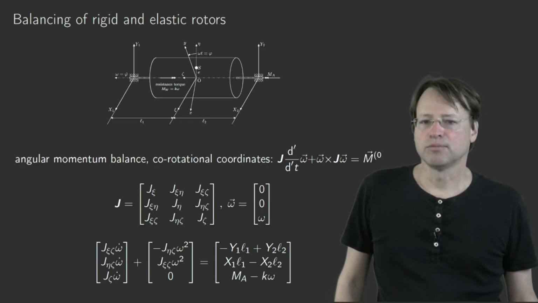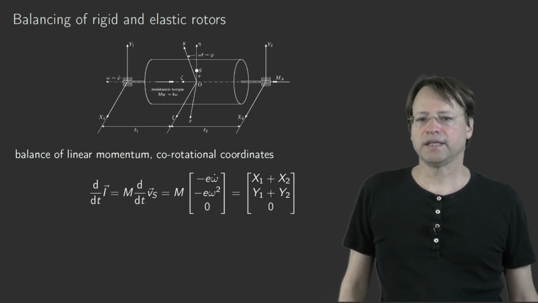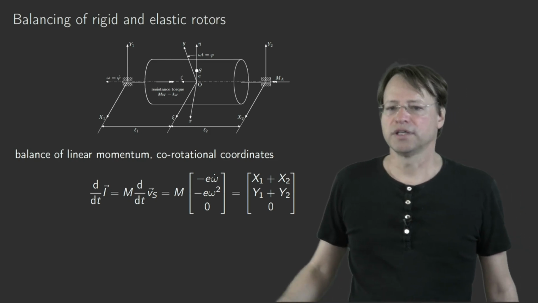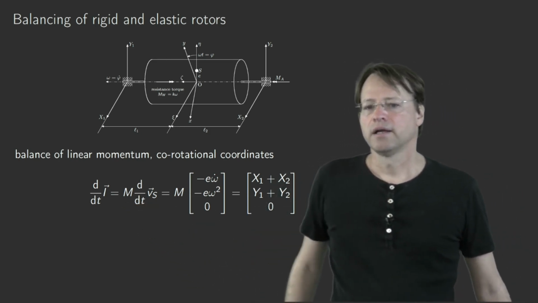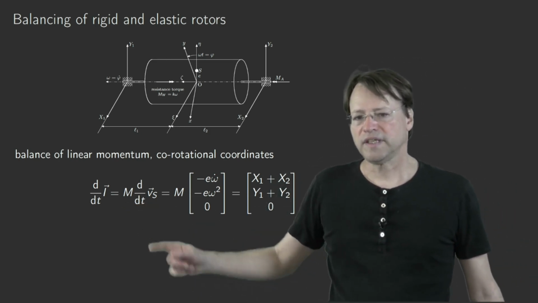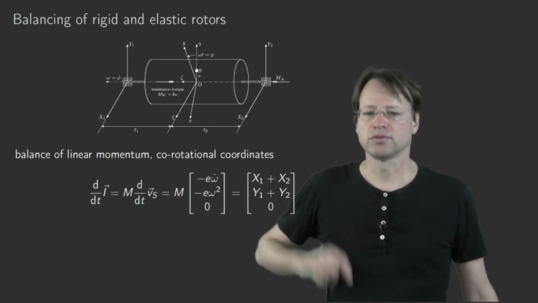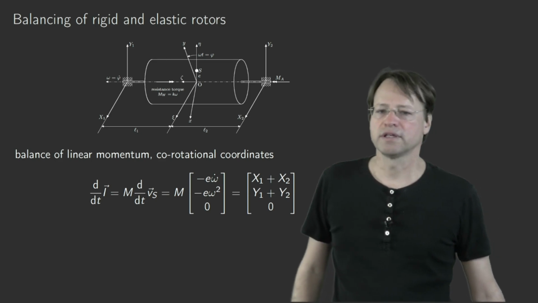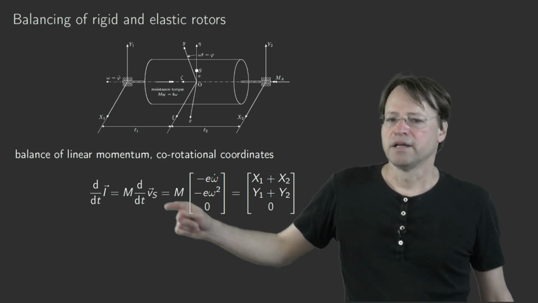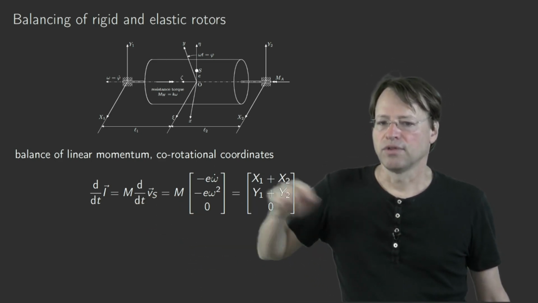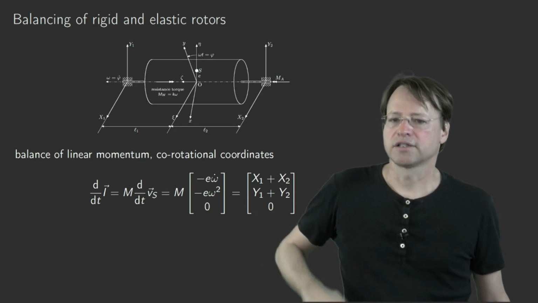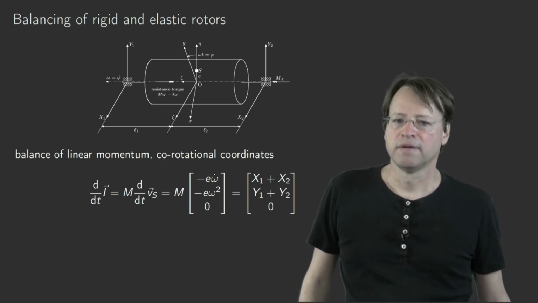The balance of linear momentum is written down here. So it is the time derivative of the linear momentum that is represented, according to the theorem of the center of gravity, by the product of the mass with the acceleration of the center of gravity.